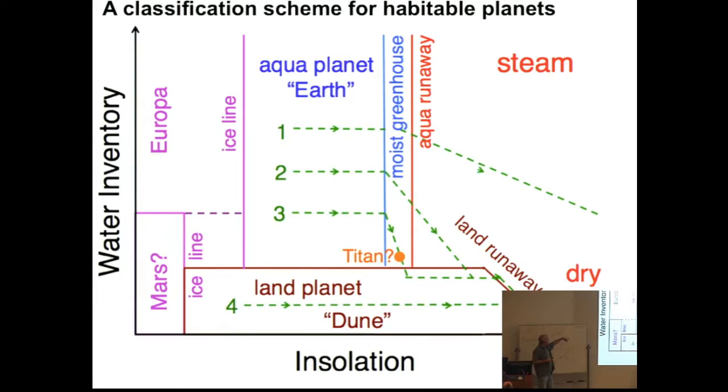A planet blessed with less water to begin with could get rid of all of its water during this moist greenhouse phase and then transition into another kind of habitable planet, a land planet. Or you could have a planet that's born without enough water in the first place. And that would be line number 4 that trucks along near the bottom of the curve.